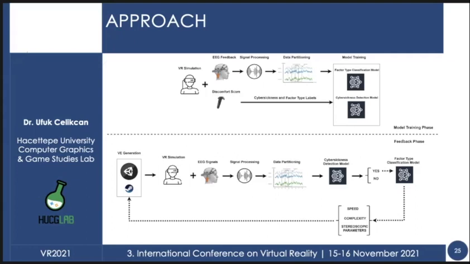EEG data and general discomfort scores of the participants were collected during the study sessions to train a two-stage shallow convolutional neural network model. In the feedback phase, the trained models are used within the CDMS loop to detect and mitigate cyber sickness in real time by updating the virtual environment generator simultaneously to adjust the identified factoring cue.